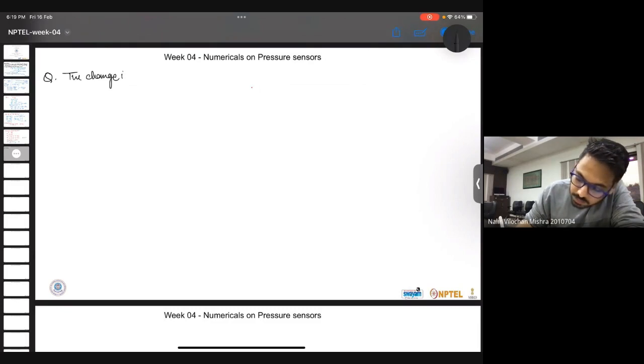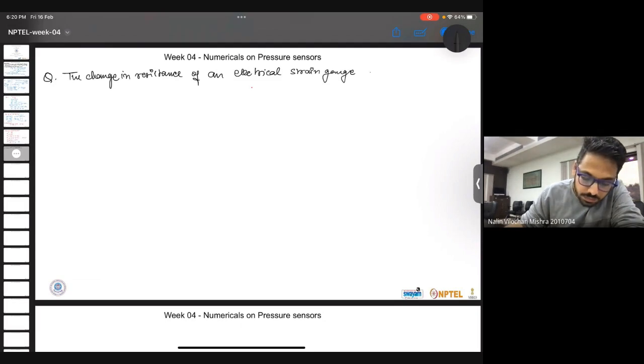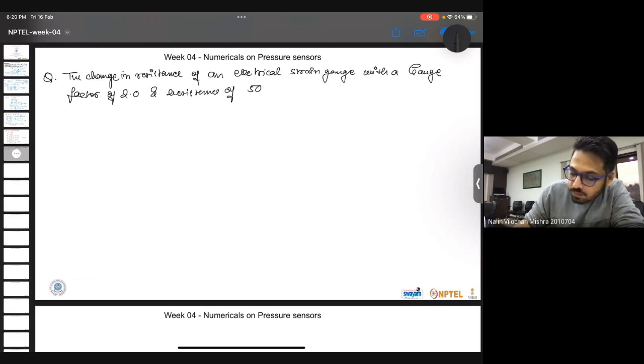The change in resistance of an electrical strain gauge with a gauge factor of 2 and resistance of 50 ohm when subjected to a strain of 0.001 is.